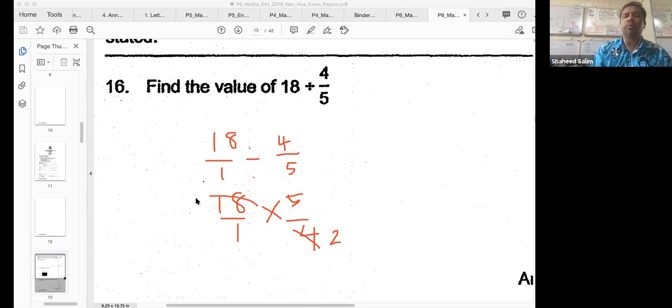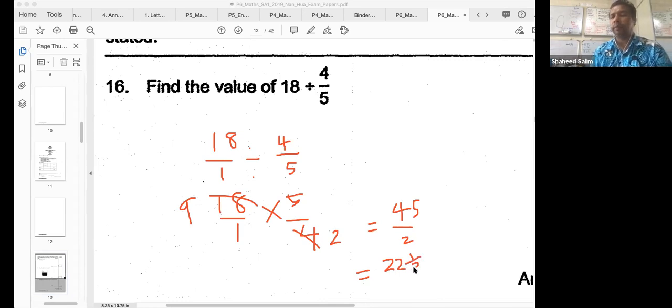Divide by 2, you get 9. 9 times 5 is 45 over 2. You change it into a mixed number, you get 22 and a half. If you don't know how to do this, use long division like that. Okay, I won't go further.